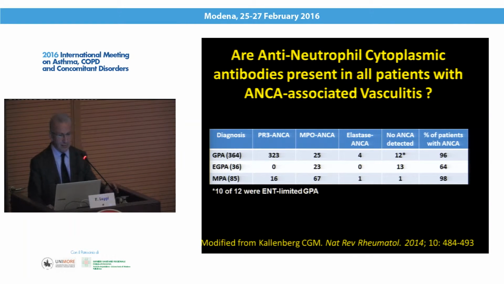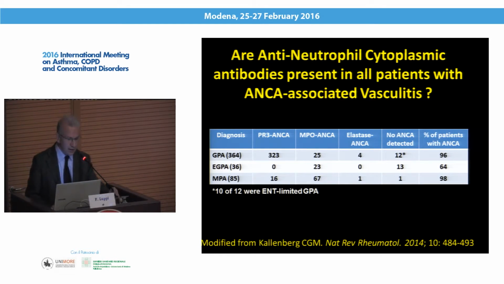Are ANCA present in all patients with ANCA-associated vasculitis? Of course, the answer is no, because in medicine there is no test with 100% sensitivity and specificity. As you can see, the sensitivity of ANCA is greater in granulomatosis with polyangiitis and microscopic polyangiitis, much lower in eosinophilic granulomatosis with polyangiitis.